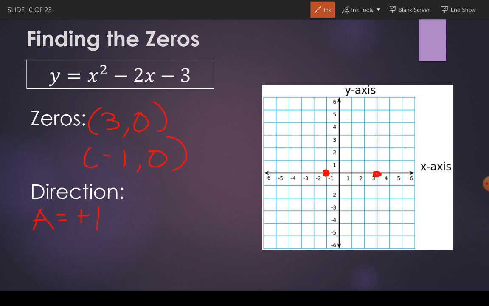I got a from looking at the coefficient of my x squared term, and it's a positive 1. Since it's positive, it's going to be up like a cup. And that's all we do. Make sure it goes through the points. There we go. Okay.